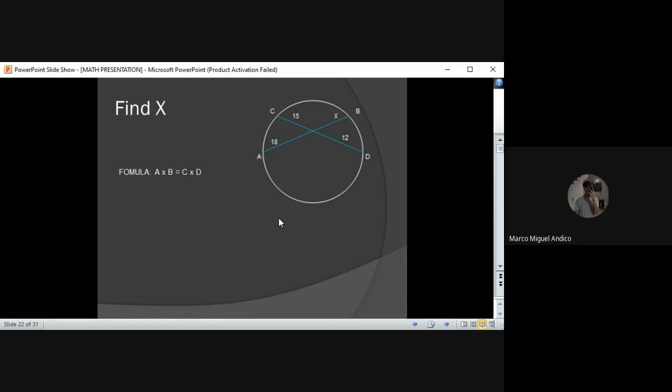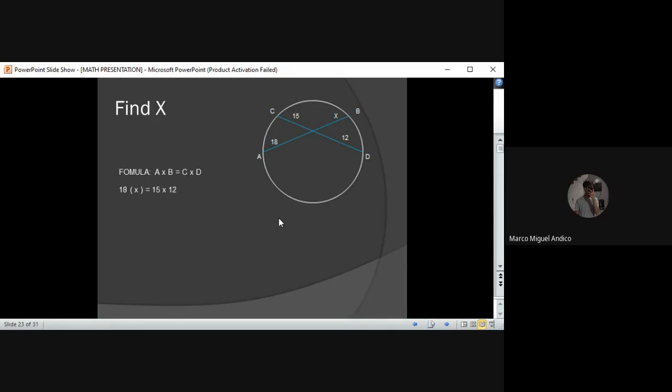So 18 times x equals 15 times 12. So times na po natin sila. 18 times x equals 18x, then 15 times 12 is 180.